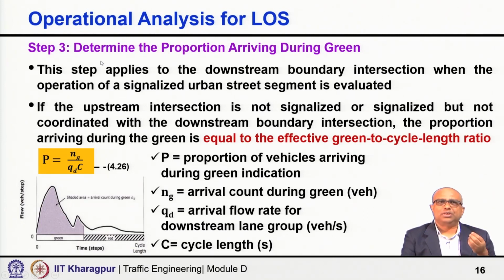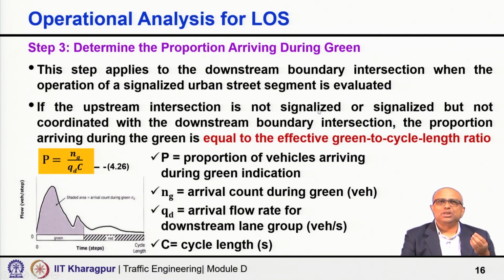Then going to step 3, determine the proportion of vehicles arriving during green. Now, this step applies to the downstream boundary intersection when the operation of a signalized urban intersection is evaluated, because otherwise, if it is not a signalized operation, the green and other things will not come into the picture.